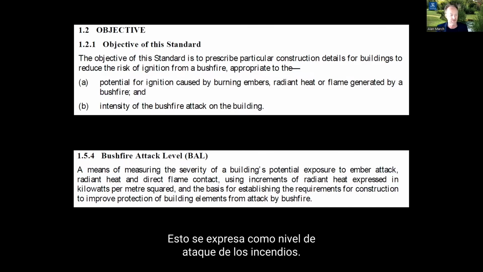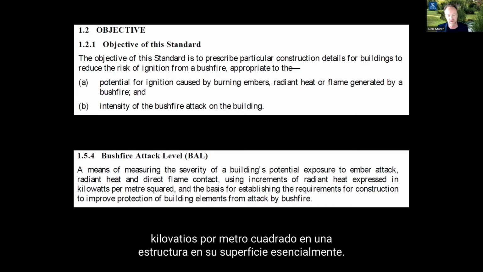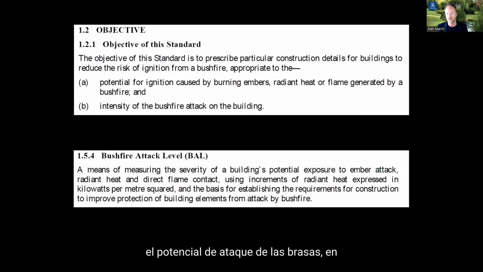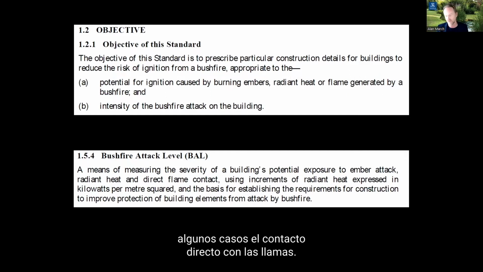This is expressed as bushfire attack level. We just call them BALs for short, and it's kilowatts per metre squared on a structure, on its surface essentially. But within that are assumptions about the potential for ember attack and in some cases direct flame contact.